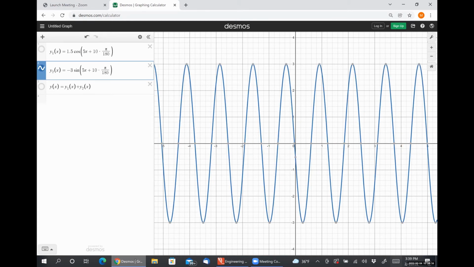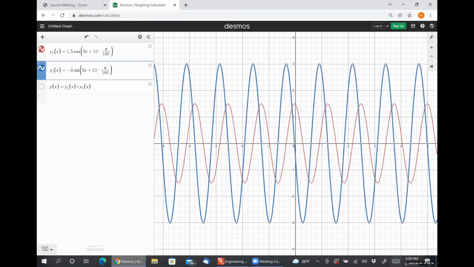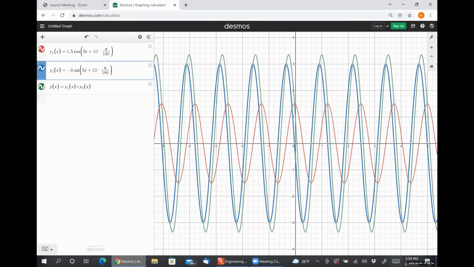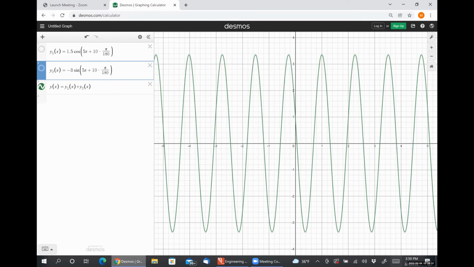This guy right here is the current flowing through my capacitor, also a simple sinusoid. If I look at both of them together, it looks a bit wonky, but I have down here at the bottom the result of adding those two signals together, and it makes a single sinusoidal signal.